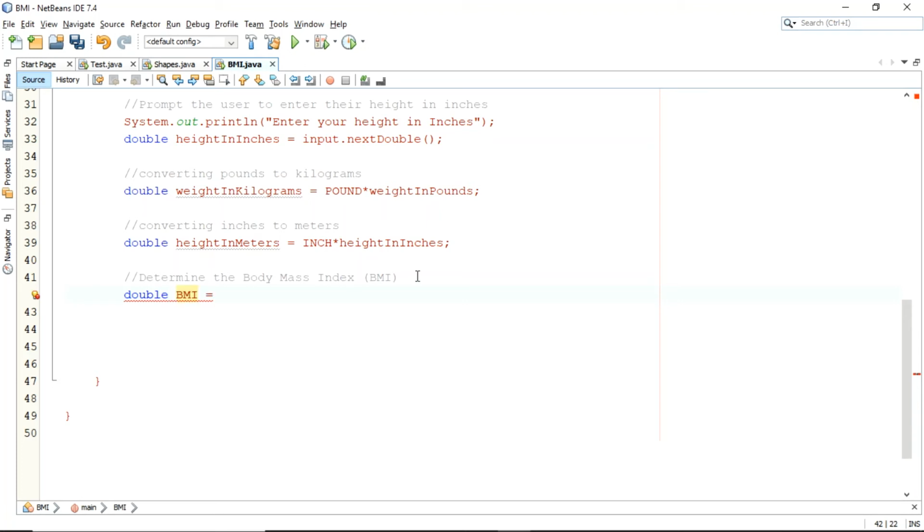So we're going to say weight in kilograms divided by height squared.